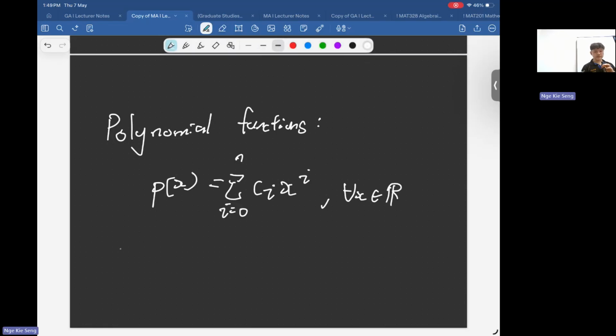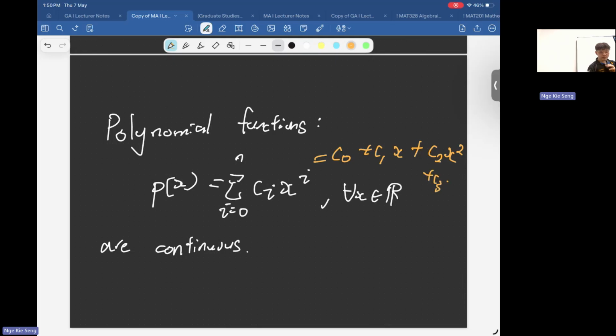Okay, so I claim that this is continuous. Why? Each of them is continuous. So you need to tell me why each of them is continuous. Well, each of them looks like what? So for example, C0 plus C1x plus C2x squared, C3x cubed. Right? So let's say each of them continuous. So if each of them continuous, the sum of them continuous. But then why each of them continuous?